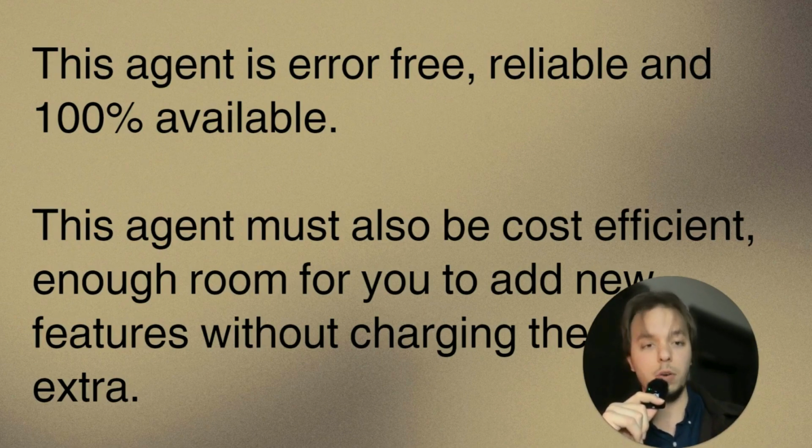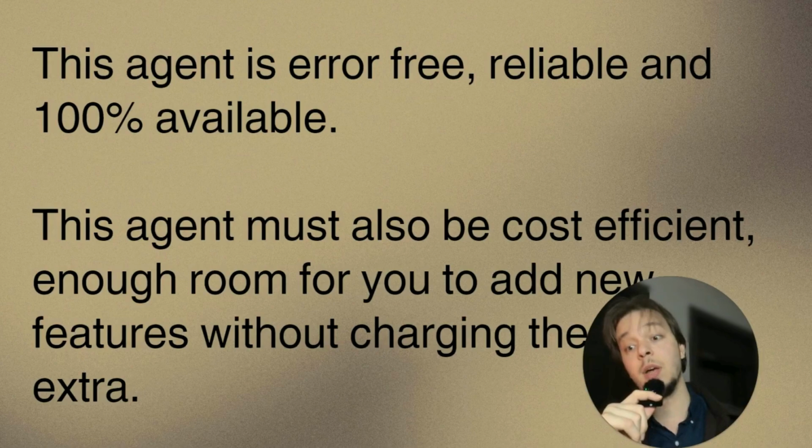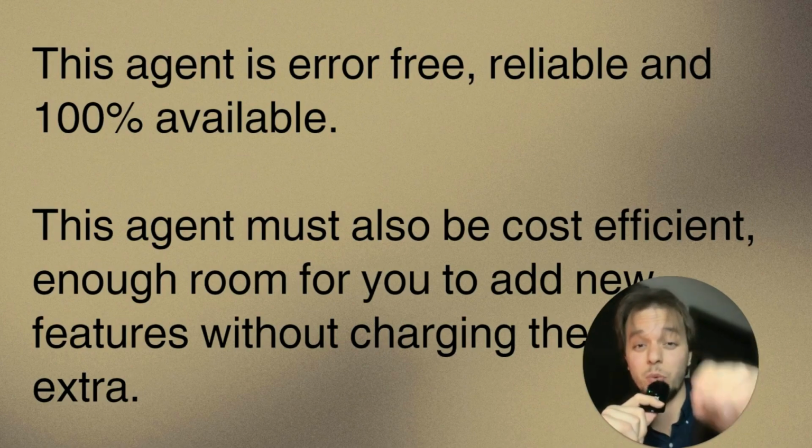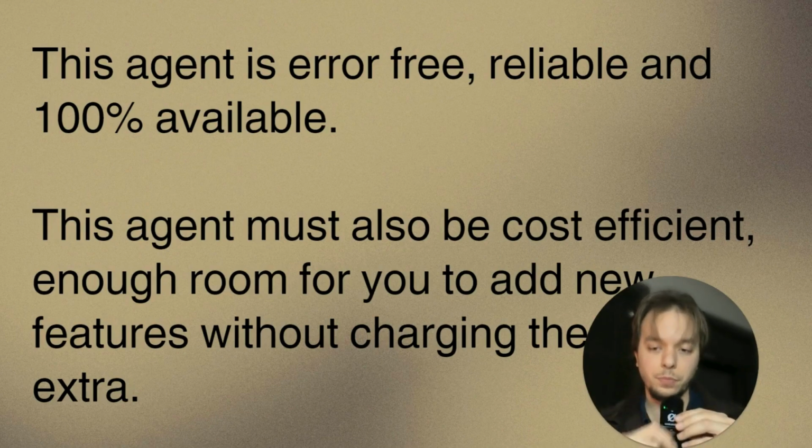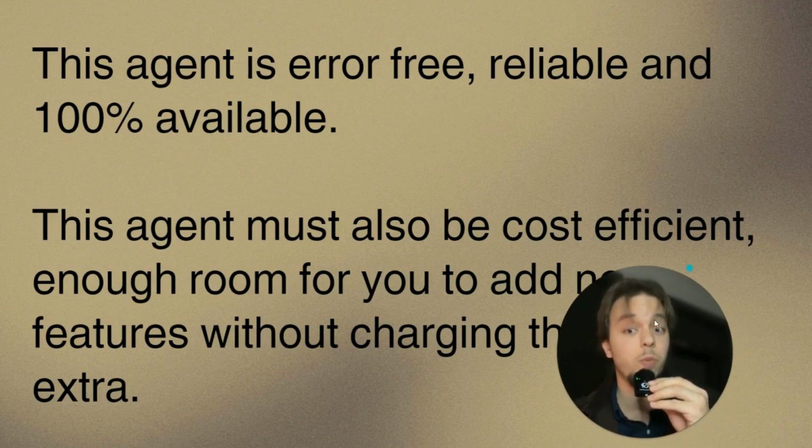So you have to put in guardrails and ways to handle these situations as well as possible. It's never going to be 100% error-free, but your goal is to make this agent error-free, reliable, and ideally accurate. And if something goes wrong, you want to be able to get in there, figure out what went wrong quickly, and fix it. So that's part of being easy to operate.